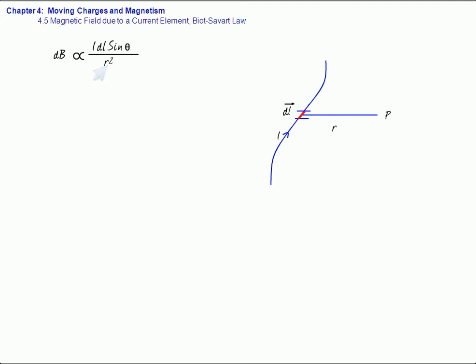The direction of dl is the same as the direction of current, making a tangent. So theta is the angle between the direction of dl and position vector r.